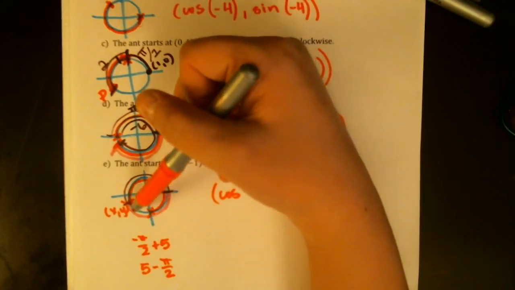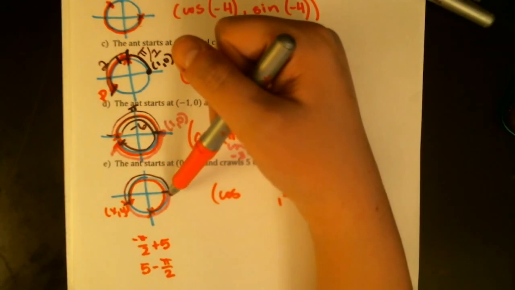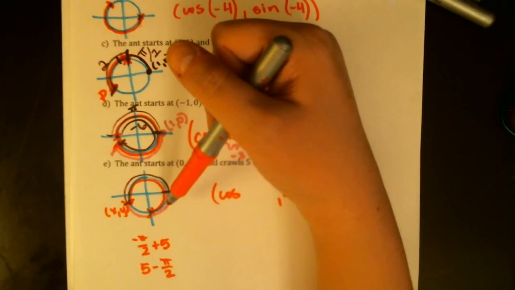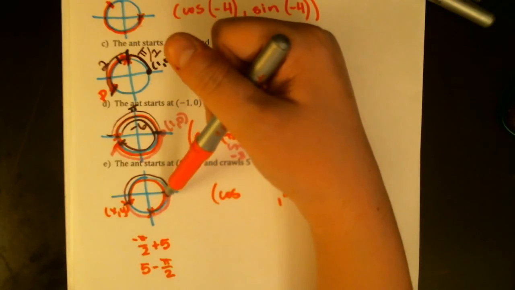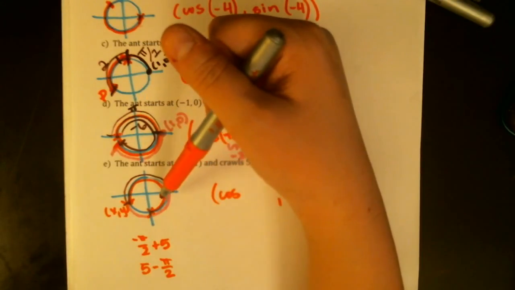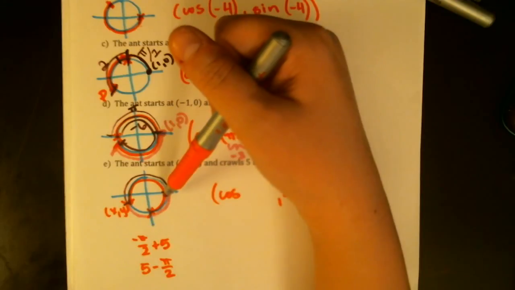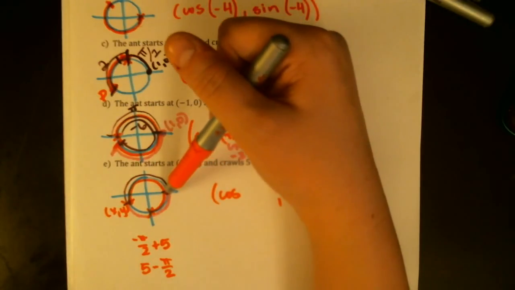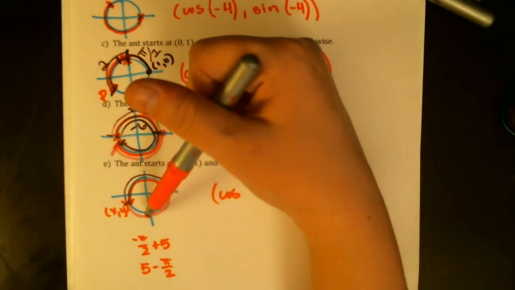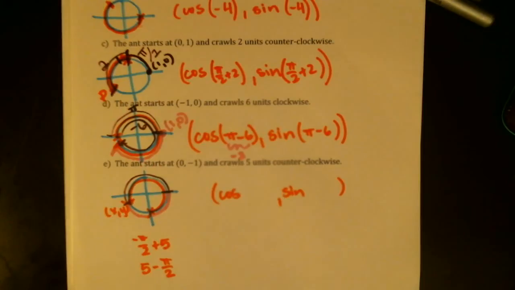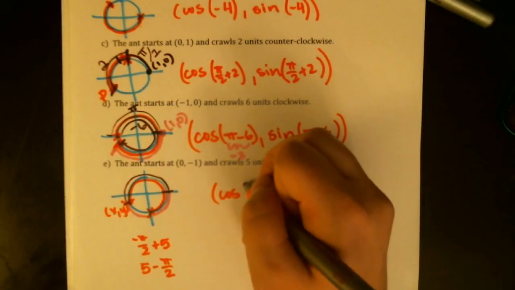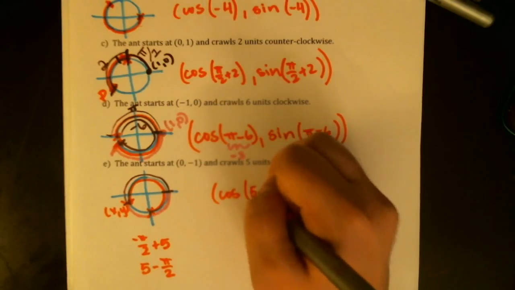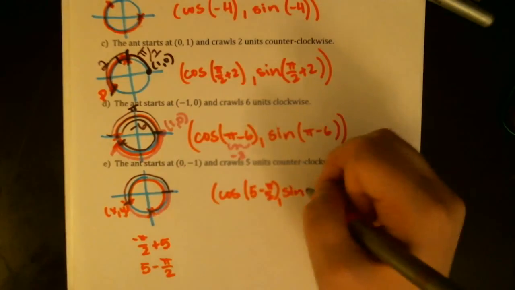If I want to go this way, let me think about that. What is that one? That is, I think, pi over 2 minus 5. So I don't know. I think that one's a little more confusing to me. But if we think about paths, let's see what you could do. You could go 3 pi over 2 plus 5. That would be a good one. You could go, we already did negative pi over 2 plus 5. I think those are the two easiest. So I'm going to stick with my negative pi over 2 plus 5 or 5 minus pi over 2, whichever way you like to have that one.